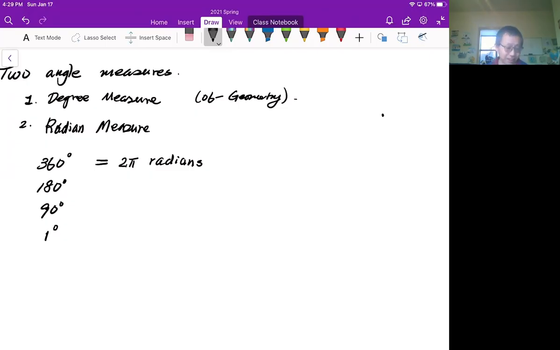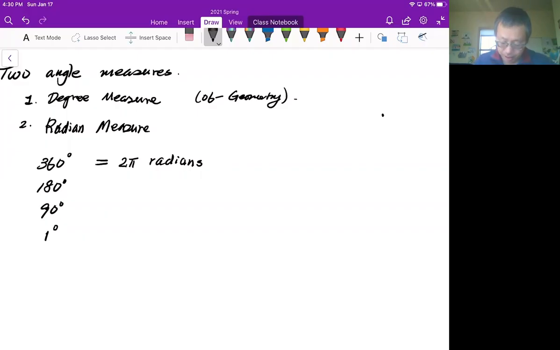In this geometry class, I decided to introduce the two different measures so that later on, when you study calculus, it will be very easy for you. So 360 degrees just means 2 pi radians. There's some convenience when we do that later on.